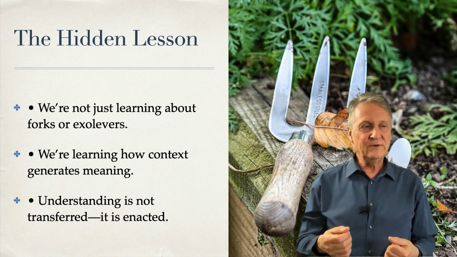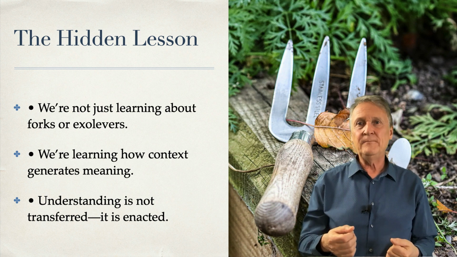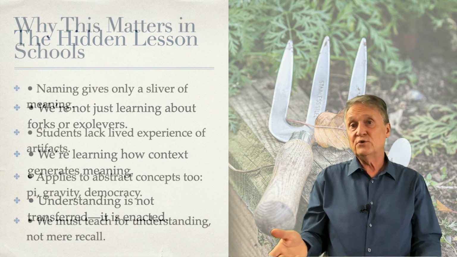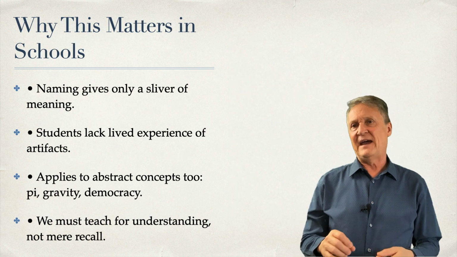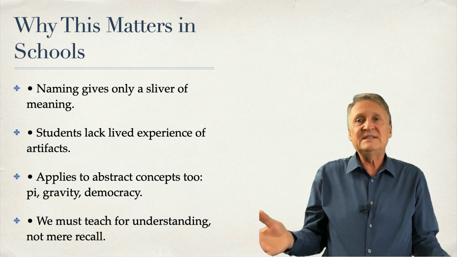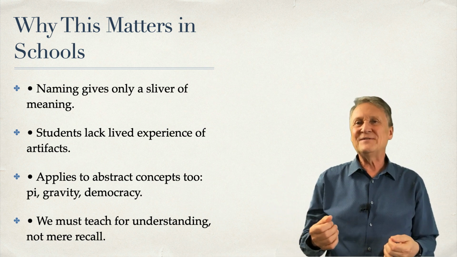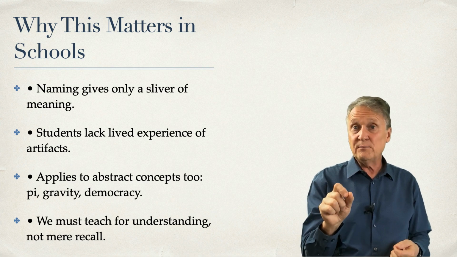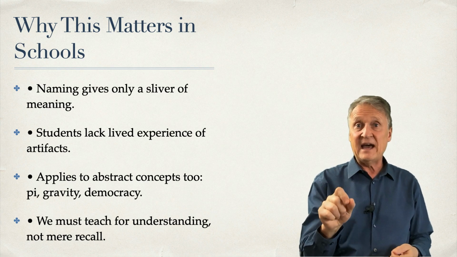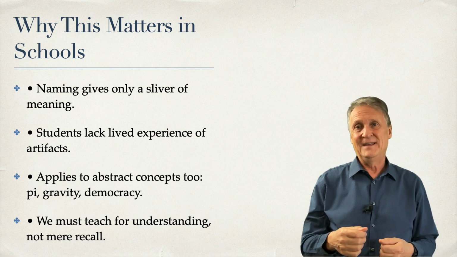Why does this matter in schools? Well, in our classroom or school settings, when we reduce our teaching to naming artifacts, as probably seems obvious, we give students a very narrow sliver of one or two modalities. Furthermore, this naming is detached from lived experience.